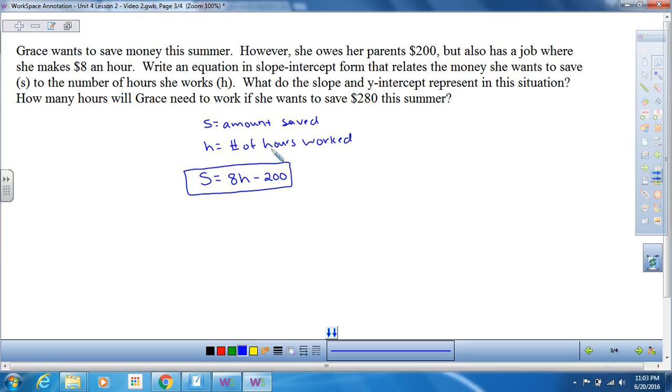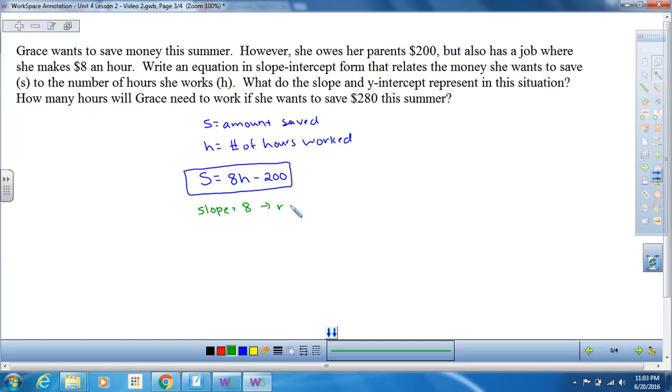Then it says, what do the slope and y-intercept represent in this situation? All right, well, my slope is 8, and the 8 represents how much she makes an hour.